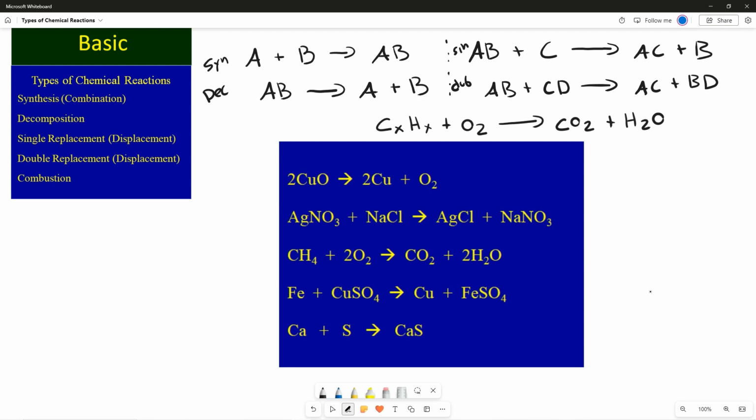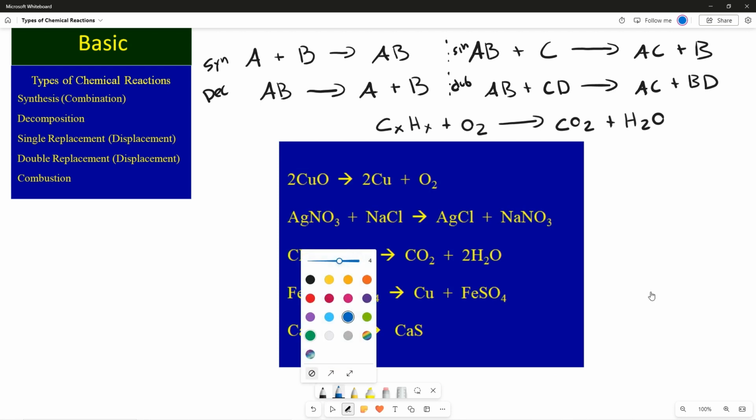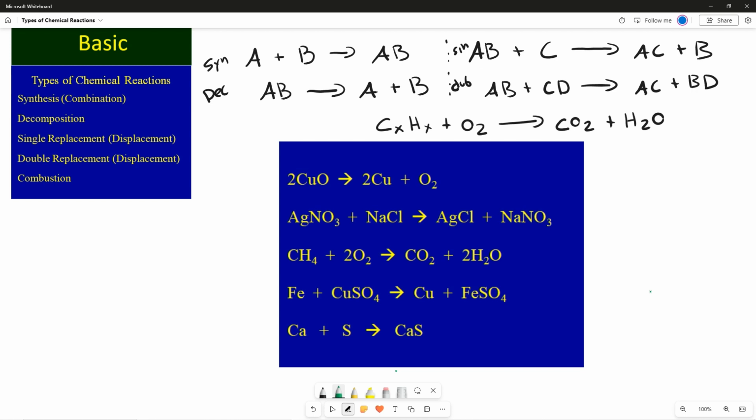So if we take a look at the top one, it says you have 2 CuO, and then it forms copper and oxygen. So you have a larger molecule on the left, and then on the right hand side, they break apart. Well, that's kind of following the decomposition example that we have up at the top here. So this is an example of decomposition. We take a look at the second one.